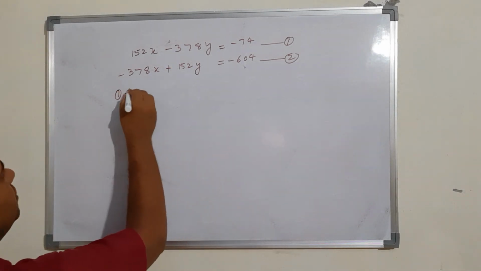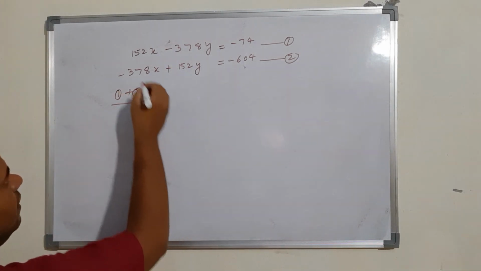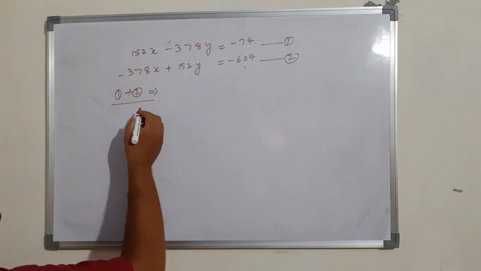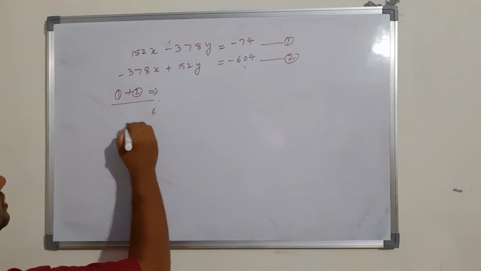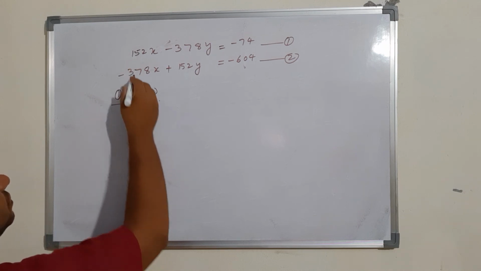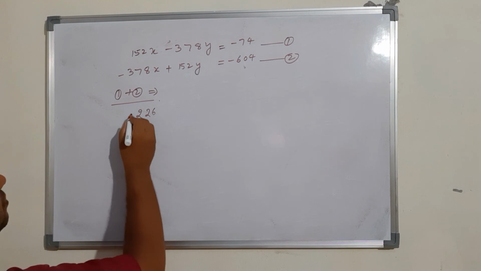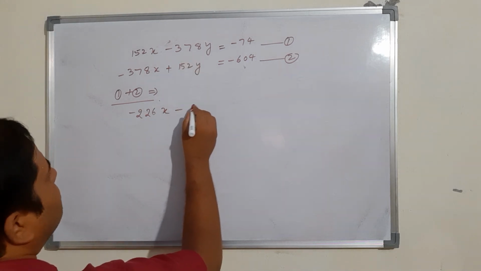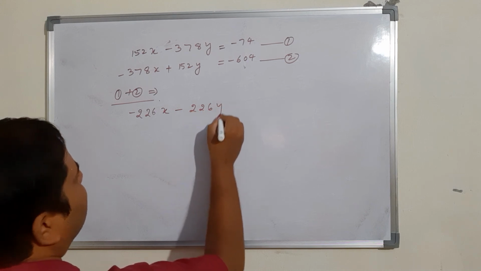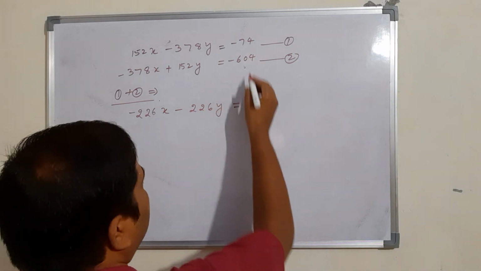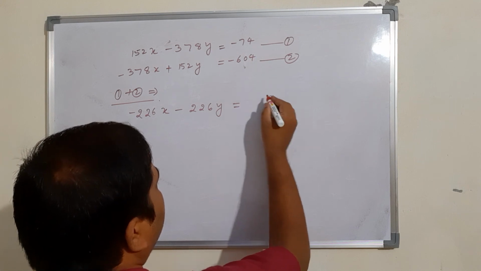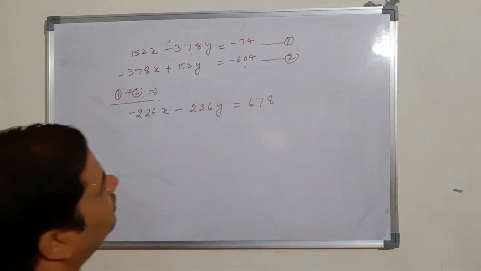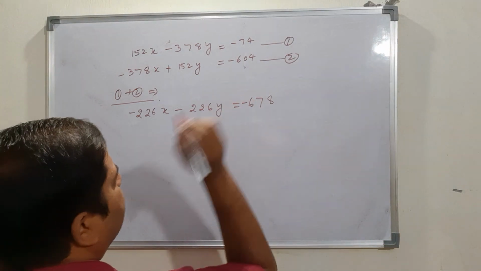So 1 plus 2 implies 378 plus 152, so this is 530, minus 530x, again this is minus 530y is equal to, you have to add this, minus 678.